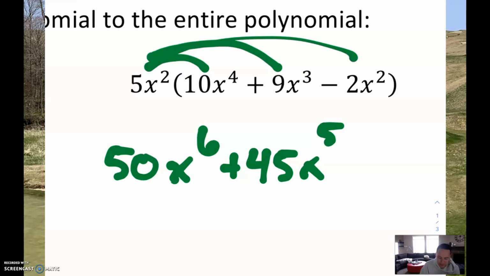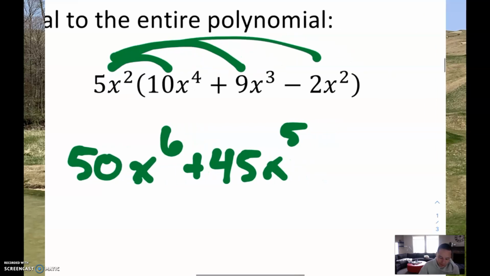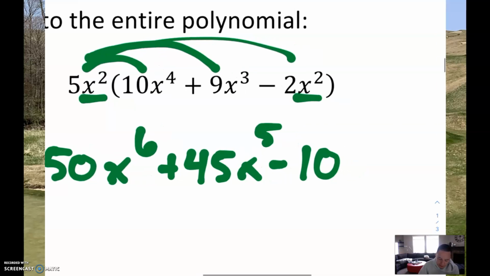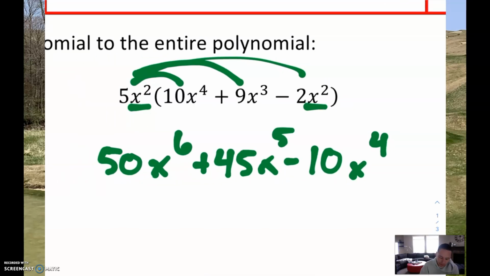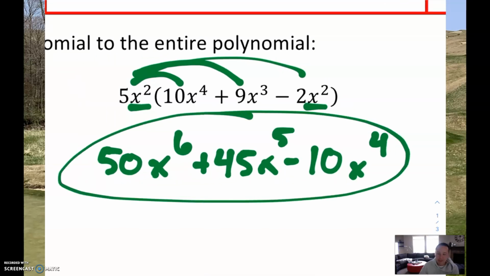We take 5x squared times a minus 2x squared. 5 times minus 2 is a minus 10. And if I've got x squared and x squared, I've got 2 x's and another 2 x's. So we're going to have a total of 4 x's. So it's x to the 4th. And this is your final simplified answer.